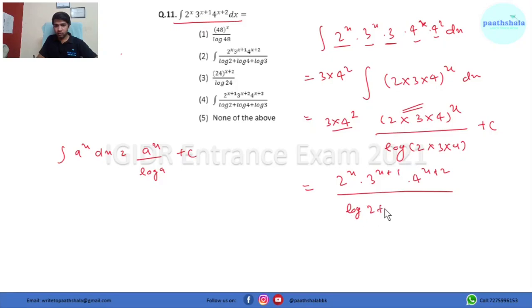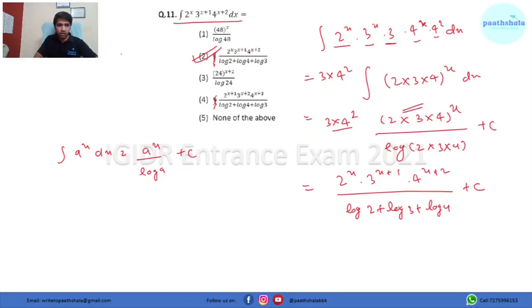So this will be log 2 plus log 3 plus log 4 plus 3. So this will be your answer. If I go by choices, considering this integral sign as a mistake, option 2 will be the right option. Otherwise, option 5, that is none of the above, will be the answer.